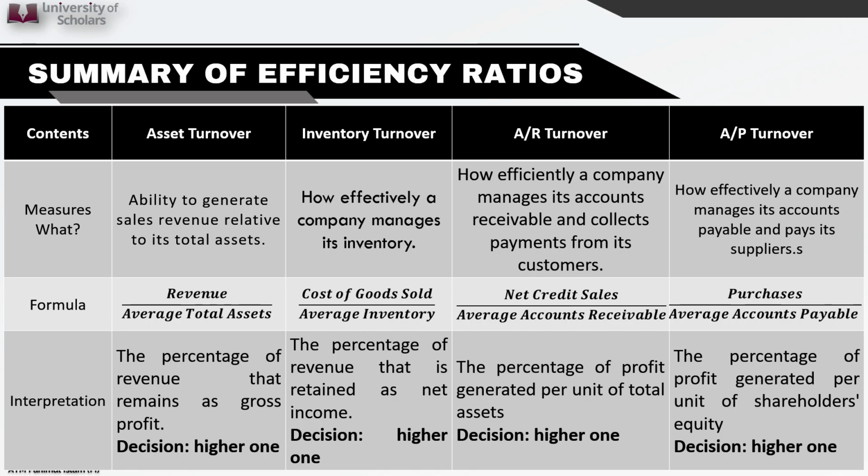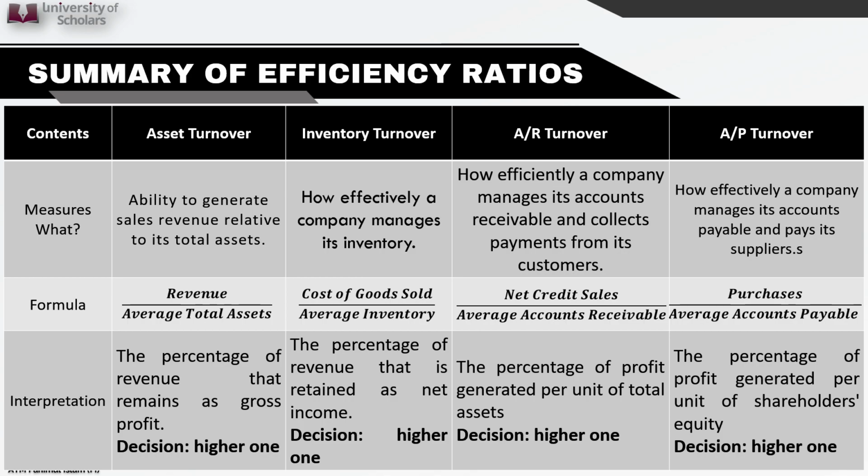A higher turnover ratio indicates that the company is able to collect its accounts receivable more frequently, which means that the company is efficient in credit and collection management, obviously. Conversely, a lower accounts receivable turnover ratio may indicate a slower collection of payments, potential credit issues, or inefficiencies in the collection process.